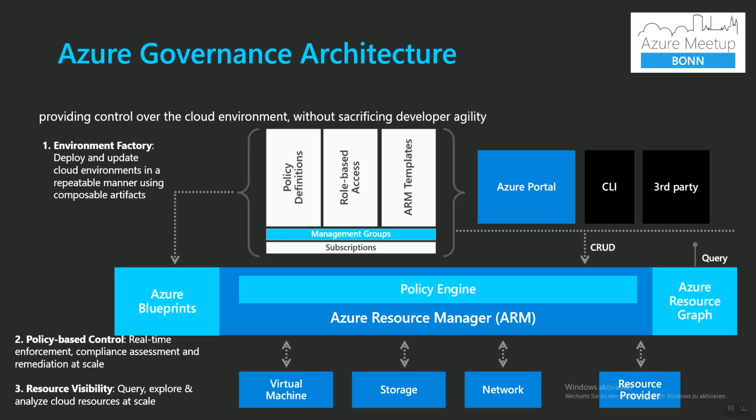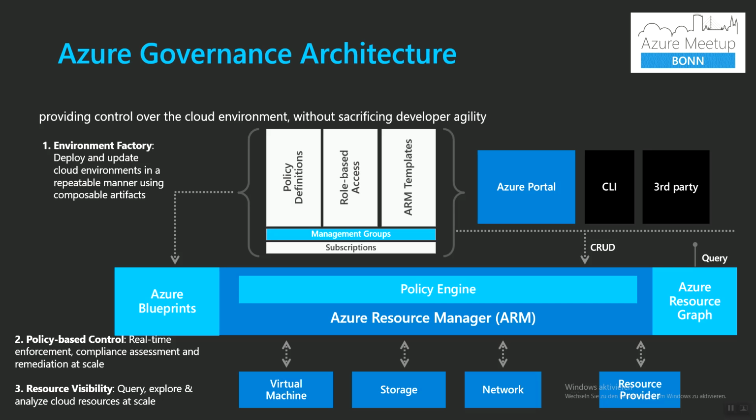So when you use a portal, a DevOps pipeline, a PowerShell script, the Cloud Shell, whatever you use, all your requests and changes go to the Azure Resource Manager layer. Then the layer will create, update, or delete the workloads that you assign with your script or the portal blade.